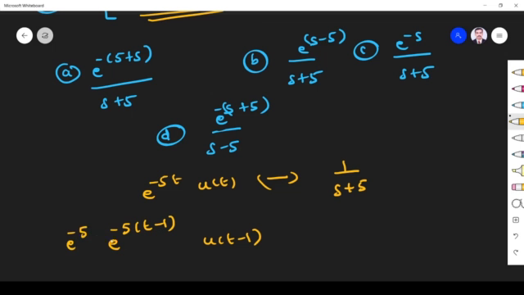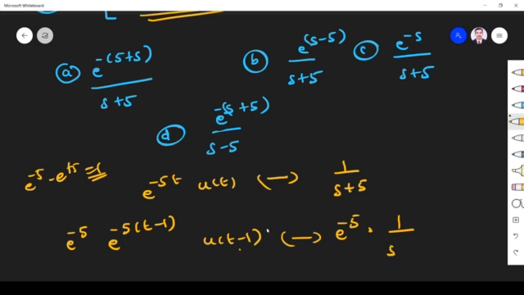So now, what is the thing? I added e power minus 5 and e power plus 5. So e power minus 5 into e power plus 5 is equal to 1 only. That's what I have done here. So now it is shifted, right? For that, e power minus 5 is a constant, and the transform becomes 1 by s plus 5.